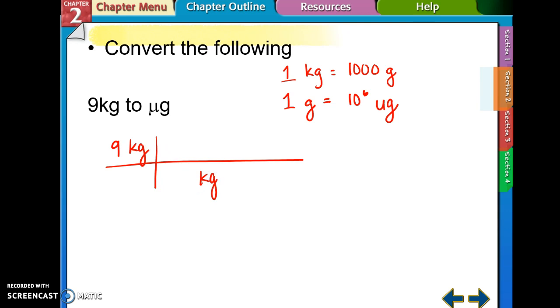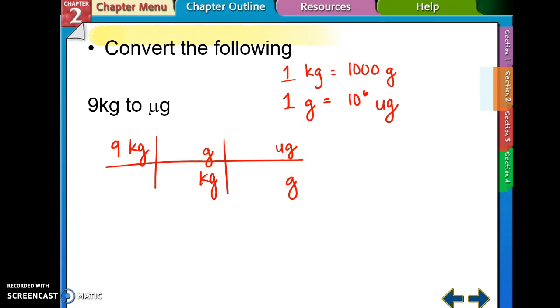Above kilograms, I'm going to write grams. Then I'm going to slant grams down here and put micrograms on the top. The reason I did that is because this way, kilograms down to kilograms will cancel. Grams are what they have in common, and grams will cancel, and what I'm left with will be micrograms.